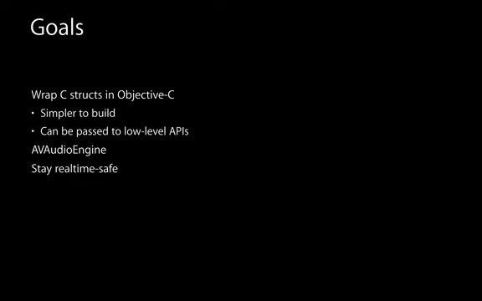So first, let's look at AVAudioFormat. This class describes the actual format of data you might find in an audio file or stream, and also the format of the audio you might be passing to and from APIs.